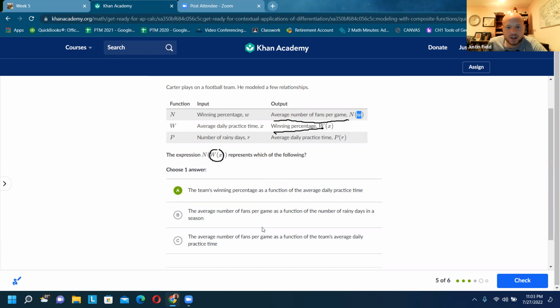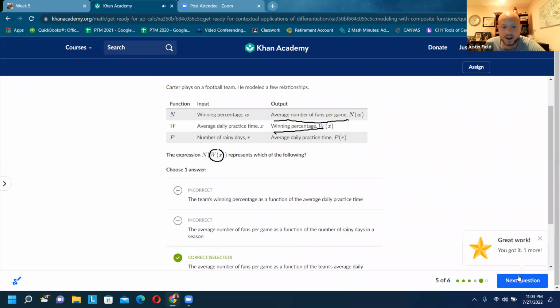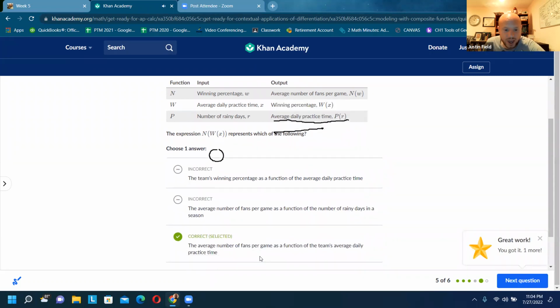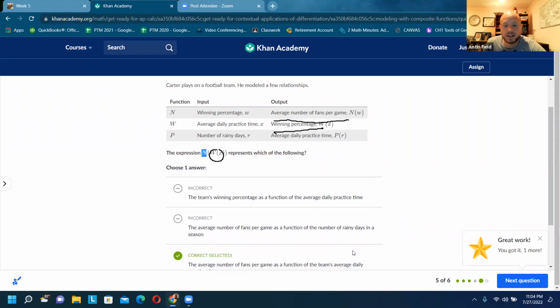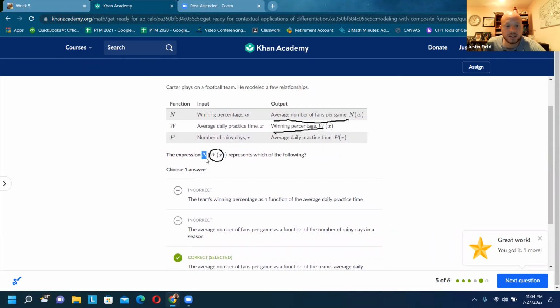And so it's either going to be team's winning percentage, team's average number of fans, or the average number of fans. All right, let's give it a shot. All right, average number of fans, because that N is on the outside, based on the team's average daily practice time.